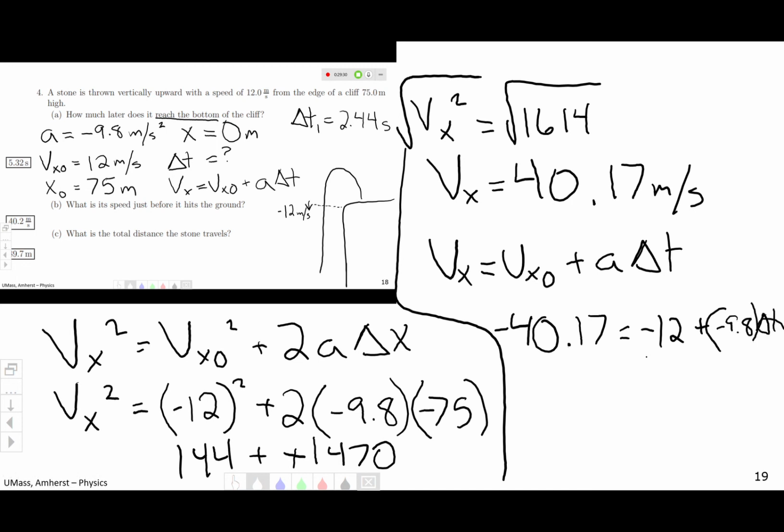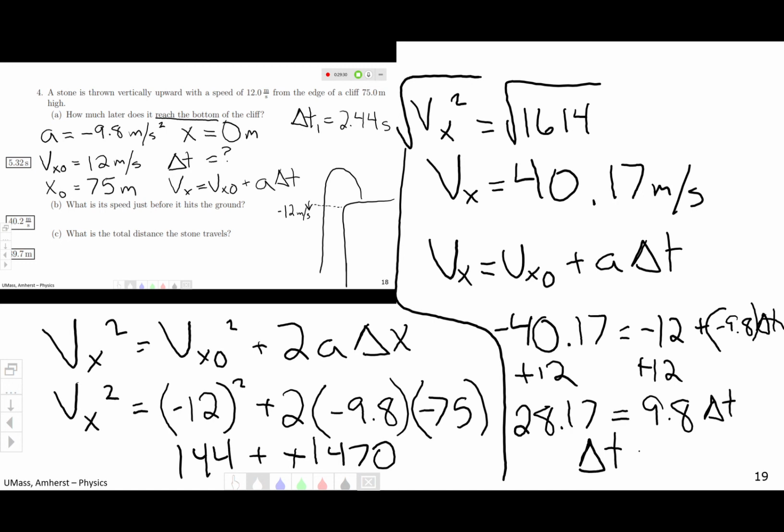So if we add this over, we end up with 28.17 equals 9.8 times delta t. I dropped the negatives because they cancel each other out. Divide, and we end up with a delta t of 2.87.